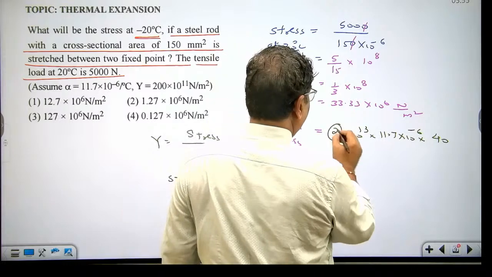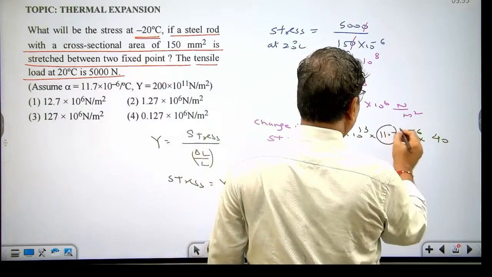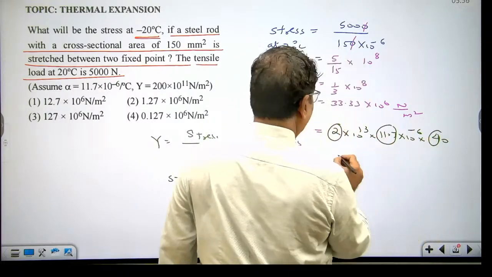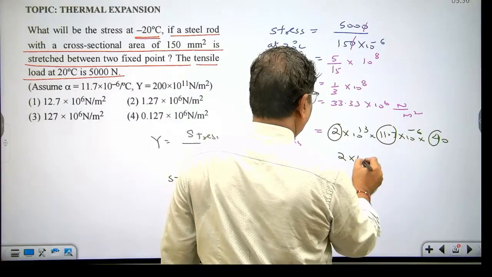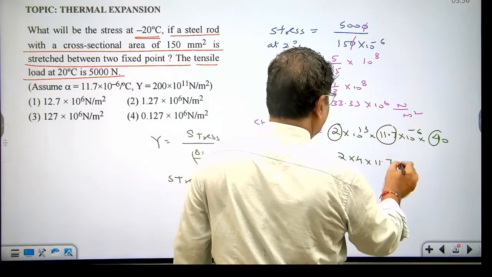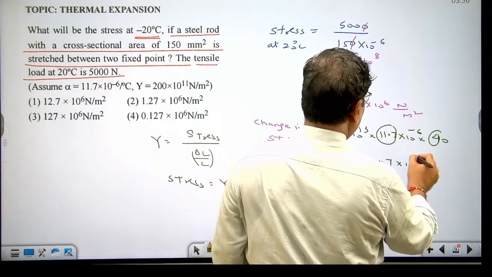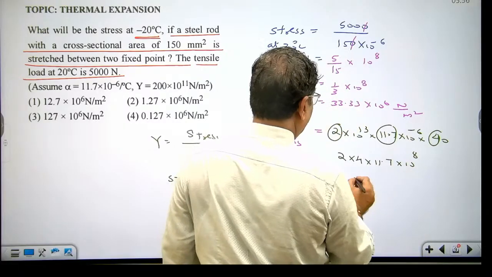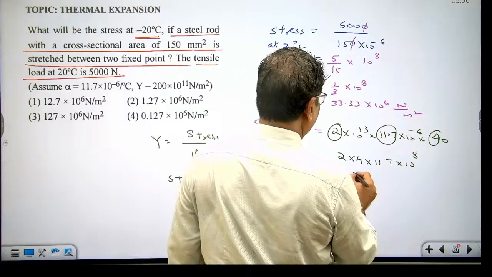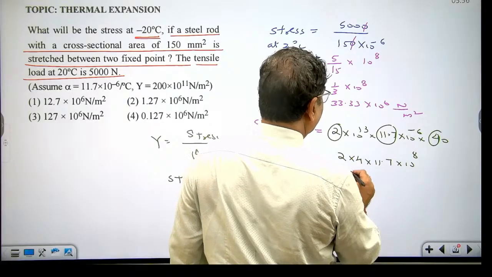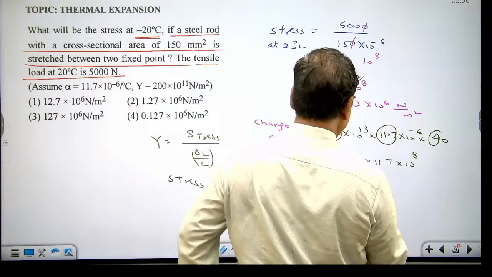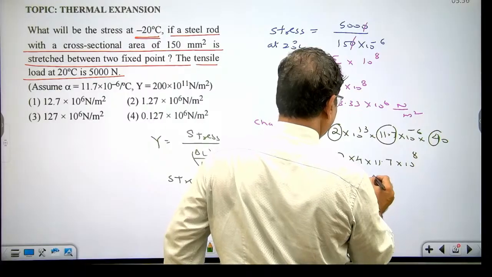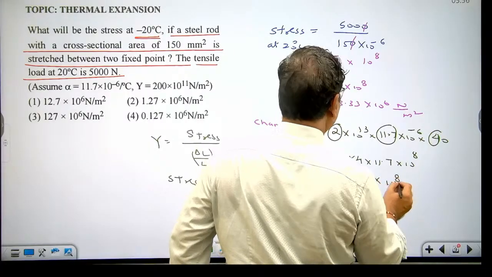So 2 into 4 into 11.7 into 10 power 14 minus 6, 8. So this is approximately 88 into 10 power 8.